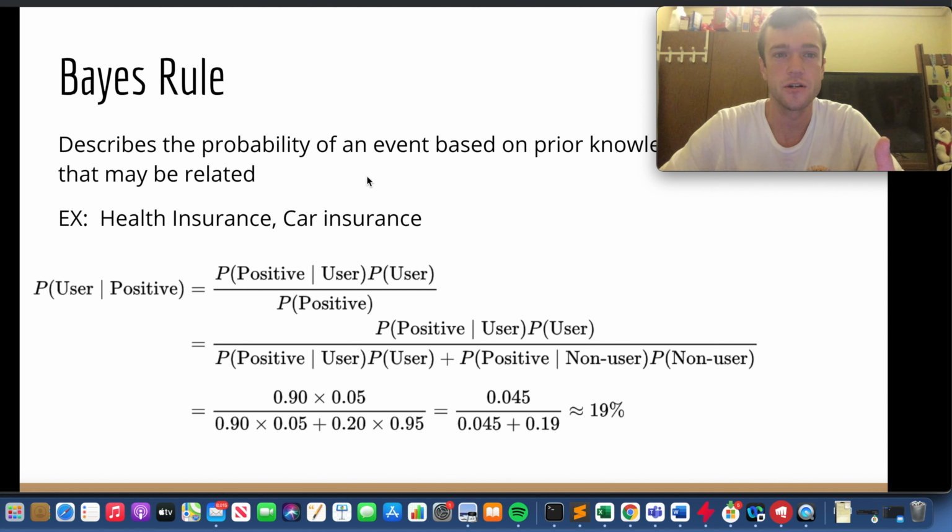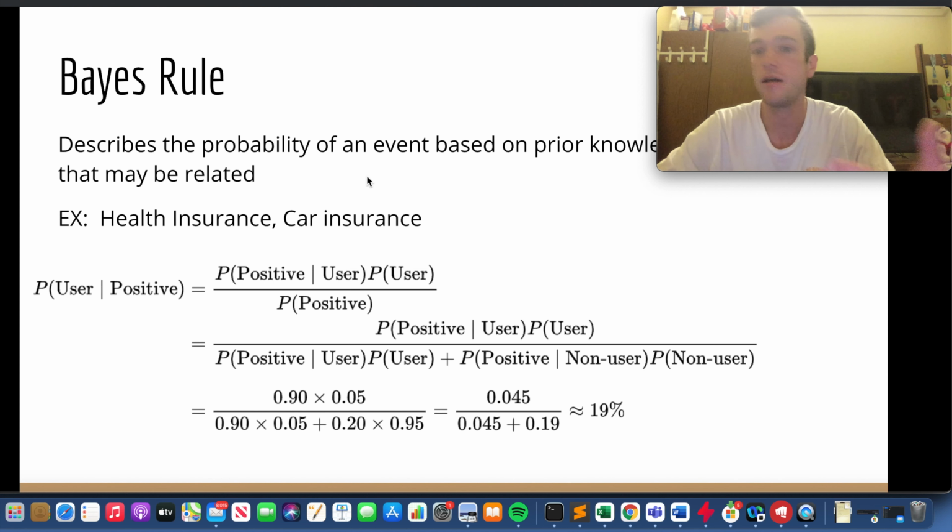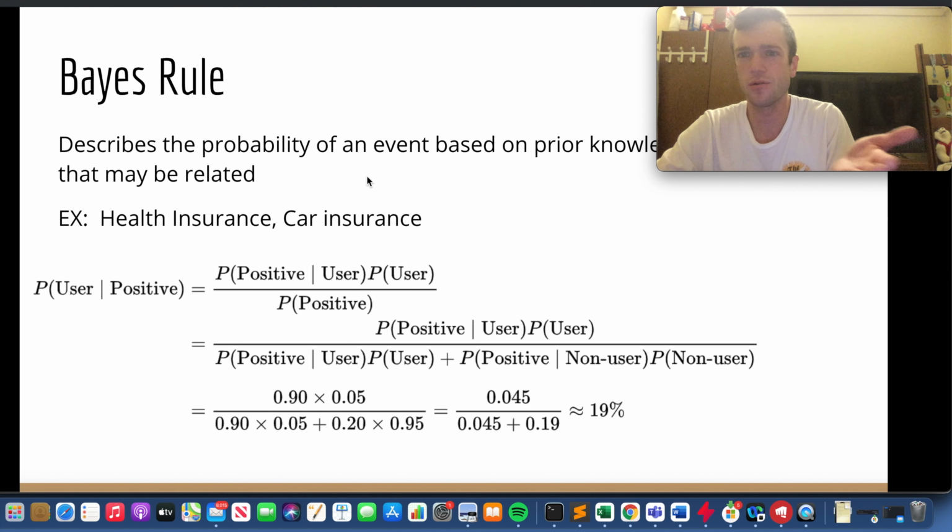For car insurance, since people under 25 are more likely to cause an accident, they assume that drivers under 25 will crash more often. Therefore, they're going to charge someone under the age of 25 a higher fee than someone over the age of 25. Or if you have a history of car accidents, then they will charge you more for your car insurance.